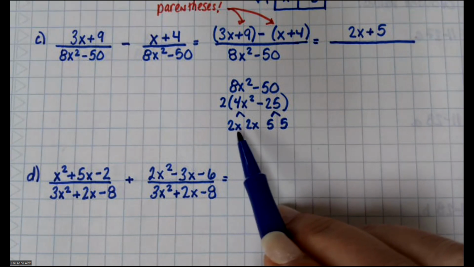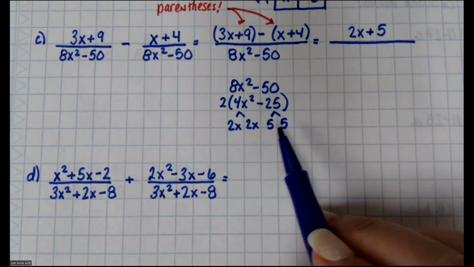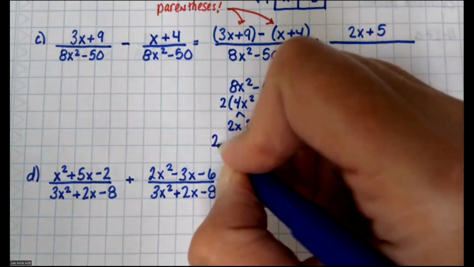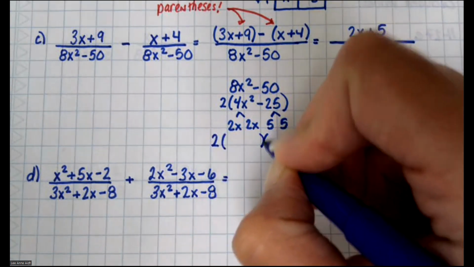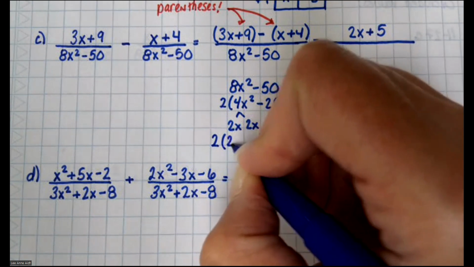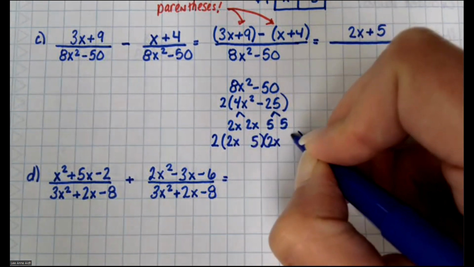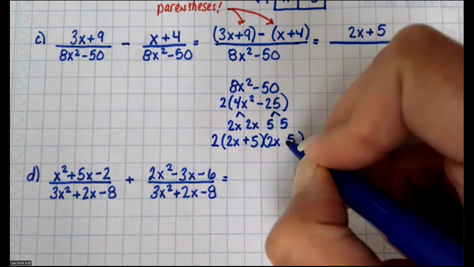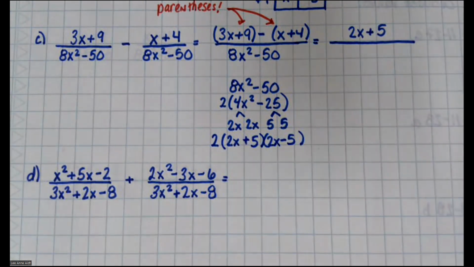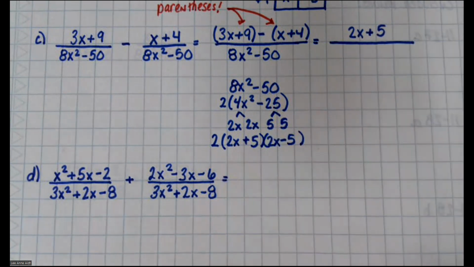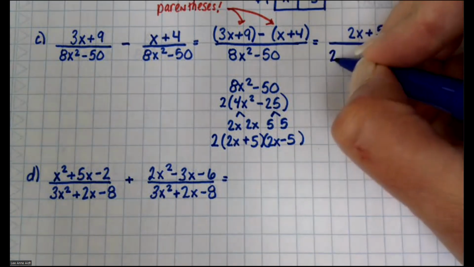Is this a perfect square? Is this a perfect square? And is it subtraction? Okay, so 2 x's go in the front seats. 5's go in the back seats. Plus and minus. Are you shocked by these factors here, looking at the numerator? You should not be, right? You should feel like you're on the right track.